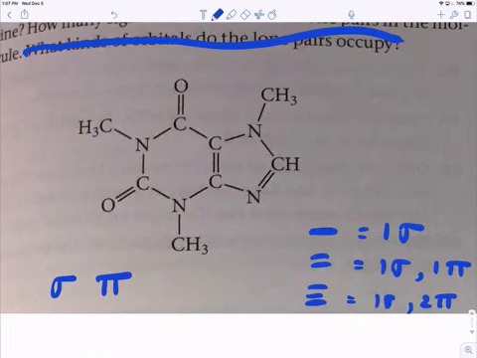So the number of sigma bonds in this molecule. So not listed, each of these is 3. And that's 1 there. So the rest though, each bond is going to be a sigma bond.